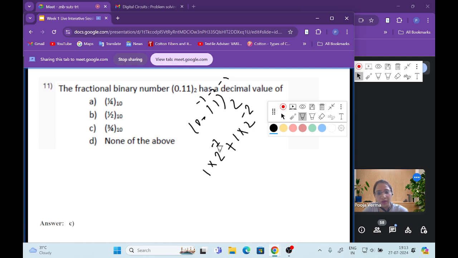So 2 to the power -1 is 1 by 2, right? And the other is 1 by 4. So what you will get? 3 by 4. It is the decimal representation of 0.11. Okay, so option C is the correct answer for this question.